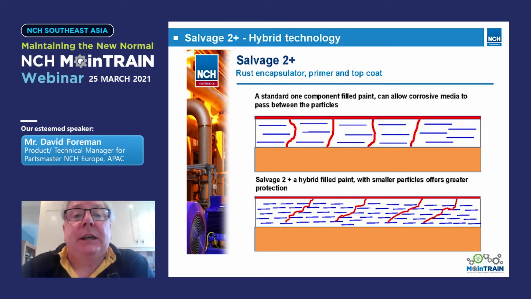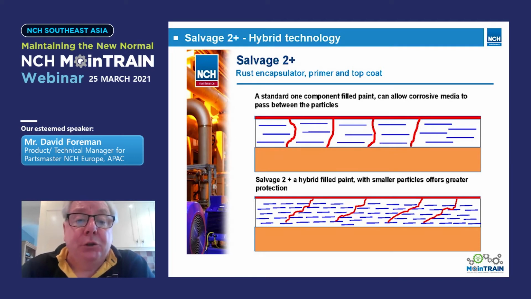What happens is that the corrosive media quite quickly will penetrate through the single component filled paint, causing corrosion. Salvage II Plus is a hybrid. It uses hybrid technology. So it's a combination of a very high performance resin, but also it contains two fillers, and they are aluminium particles and also microglass flake.